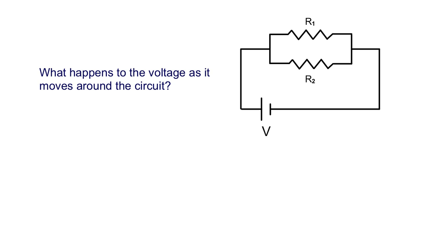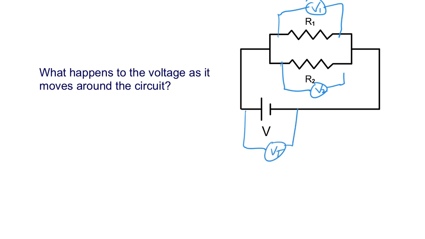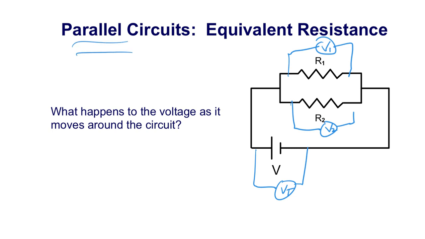Okay. So what do you think happens to the voltage? So we got V1 here, and the voltage over here is V2. And the voltage across the battery is V total. Now for parallel circuits, this is true: Vt equals V1 equals V2, except these are negative and this is positive, but we just disregard the negatives, like I said.